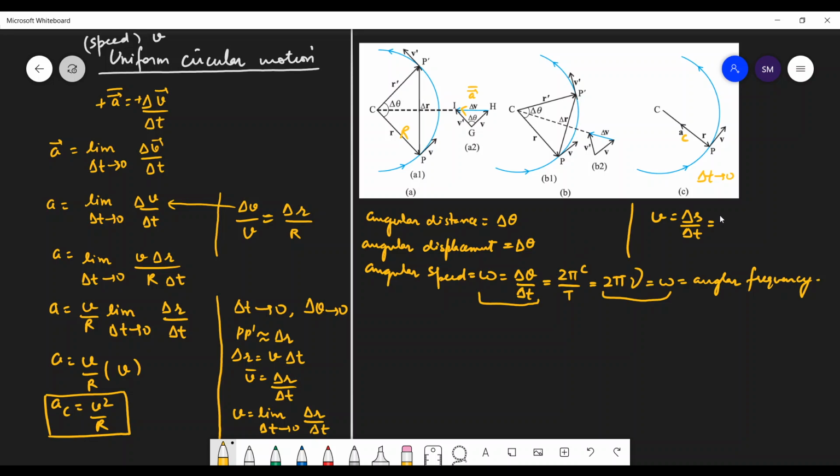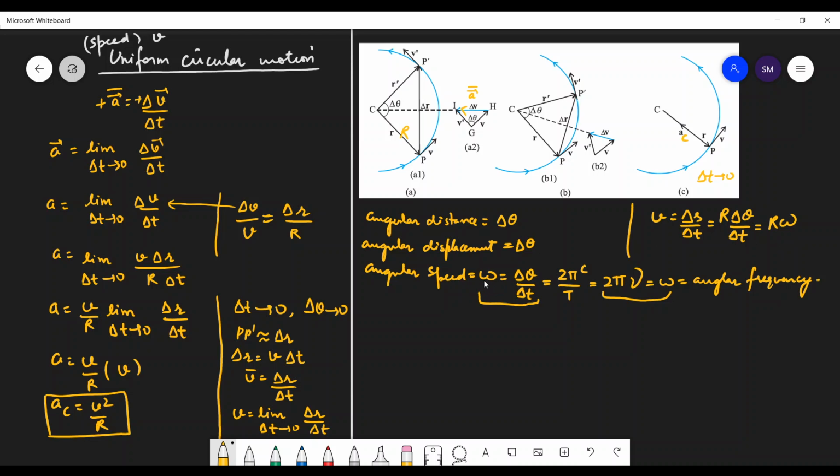So this is equal to r delta theta by delta t, and this delta theta by delta t is nothing but omega. So v equals r omega. That's a very important relation between linear speed and angular speed.